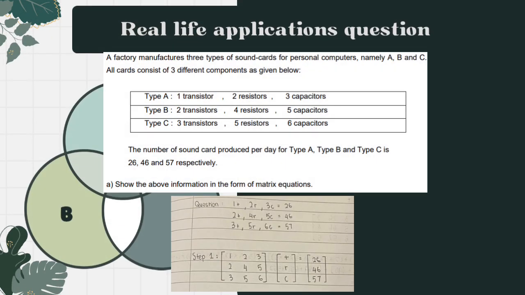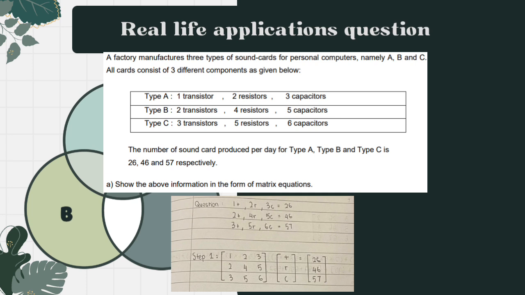Okay, this is the question, a real-life application question. A factory manufactures three types of sound cards for personal computers, namely A, B, and C. All cards consist of three different components as given below. Type A, 1 transistor, 2 resistors, and 3 capacitors.